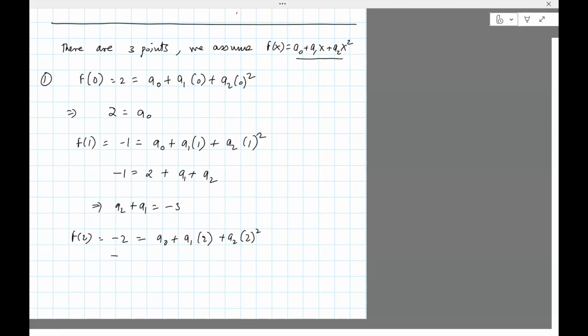So a0 is known, it's basically 2 plus 2a1 plus 4a2. Let me simplify this. 4a2 plus 2a1 equals -4. I can do a little bit more simplification by dividing both sides by 2. So I'll get 2a2 plus a1 equals -2.